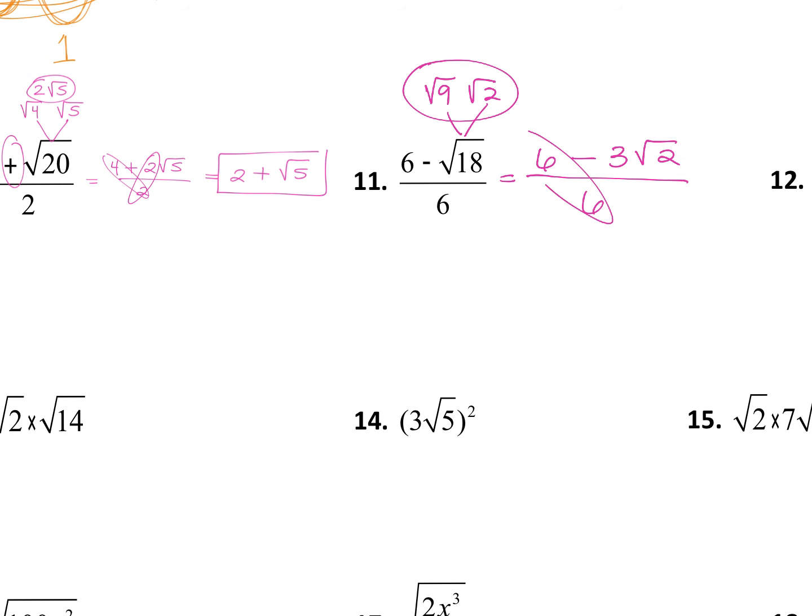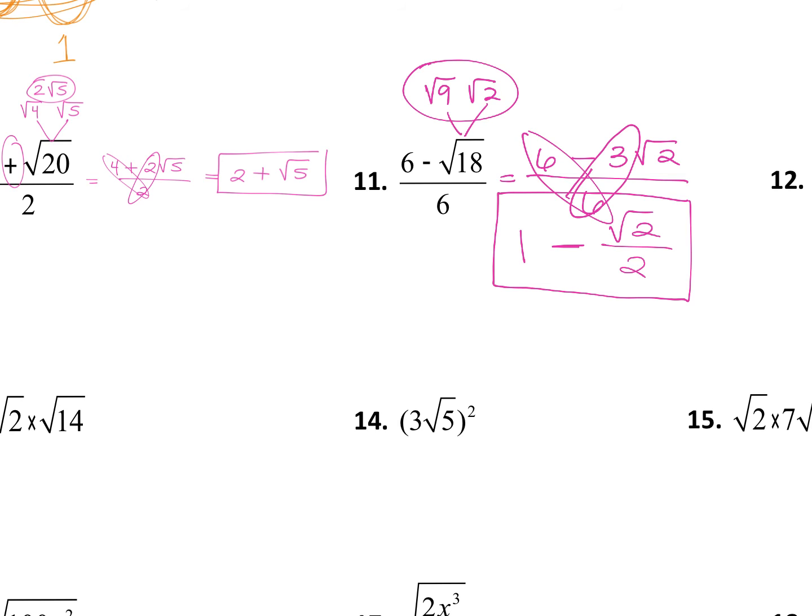So if you look at this part of it, 6 over 6 is 1, okay? This part of it is 1 over 2. So we're going to say 1, keep our symbol, minus, and then this is going to be the square root of 2 over 2, and that's how we're going to leave our final answer for that one. So reduce, but you can still have a fraction as long as there's no radical in that denominator.